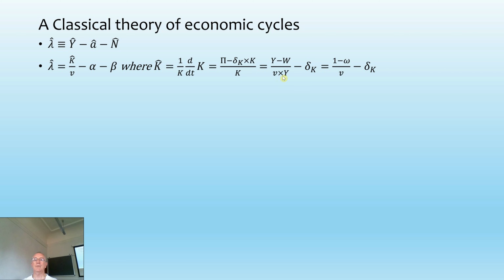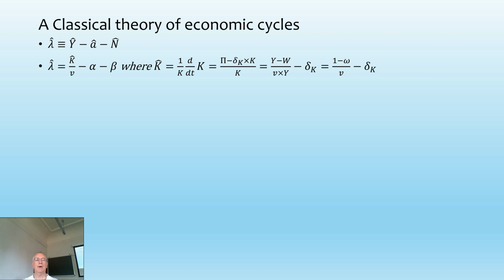The capital stock is V times the output level. We now have Y, which we can divide through and get 1 there. This is W divided by Y, which is omega. So my overall expression for the rate of change of the employment rate is 1 minus the wages share divided by V, minus depreciation, and I've left out the alpha and beta.